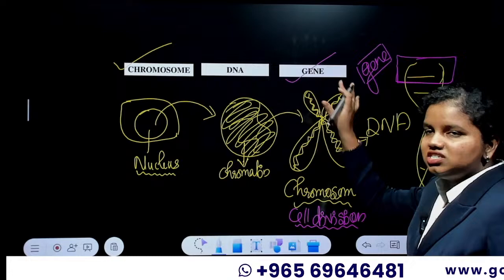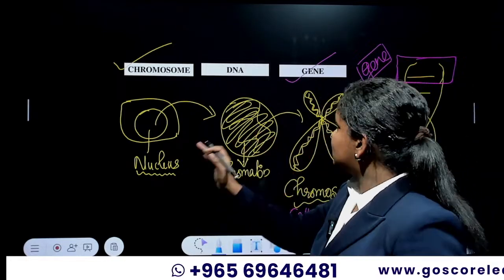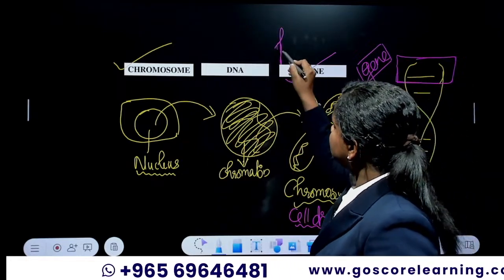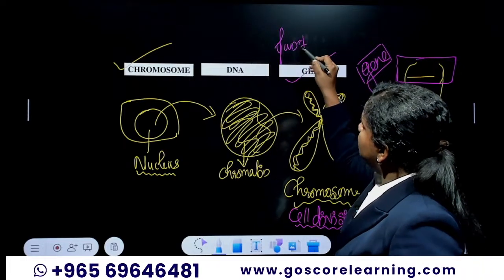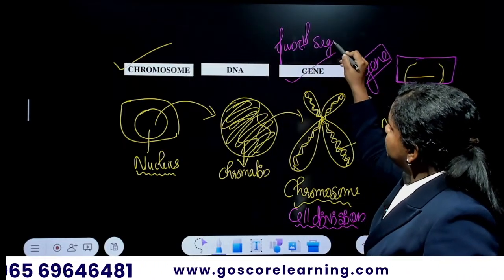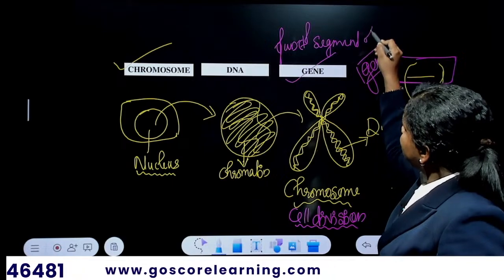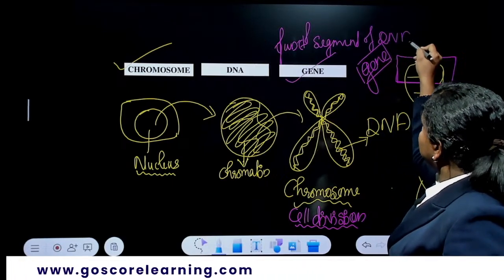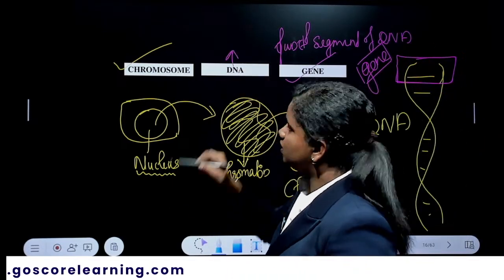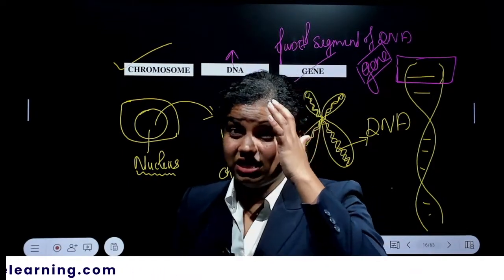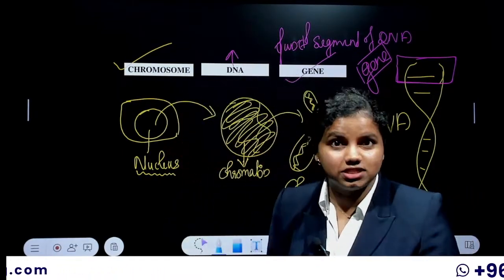Okay. Then what is a gene? A gene is the functional segment of DNA. So what is DNA? DNA is the genetic material.